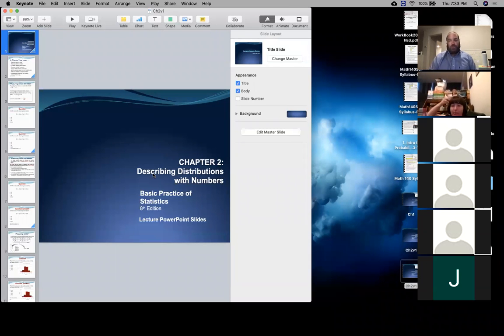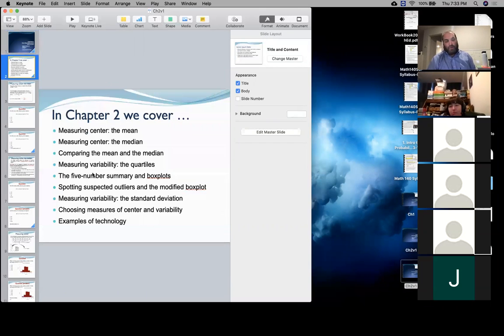Okay, so chapter 2 in our textbook, describing distributions with numbers. Wonderful. In this chapter, let's see what we're going to cover. The first thing we're going to cover is a measure of the center.